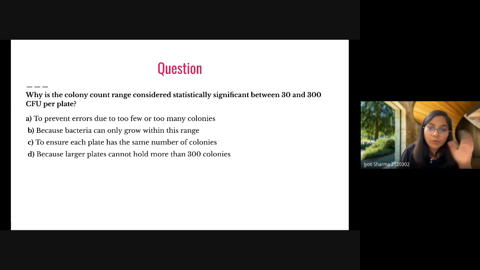Because with more than 300 there will be too many colonies to count, and if it is below 30, then we may have some bias. So we want the dilution that gives a number of colonies between 30 and 300 only. So that's why A is right: to prevent error due to too few or too many colonies.